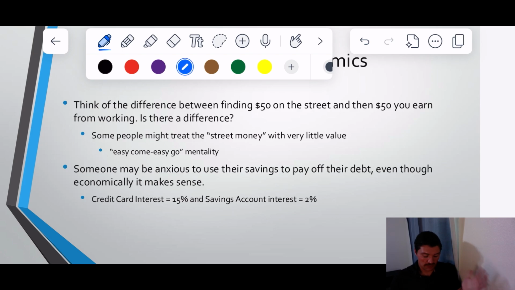So what should be better? Even though some people are anxious and don't pay off the credit card because they're going to lose their savings, it actually makes economic sense to pay off the credit card debt first and then accrue your savings, right? That's going to save you more money than what it feels like, okay? So that's why we have to consider this when we analyze an economy, of like how it could seem irrational, but is also something we have to consider, okay?